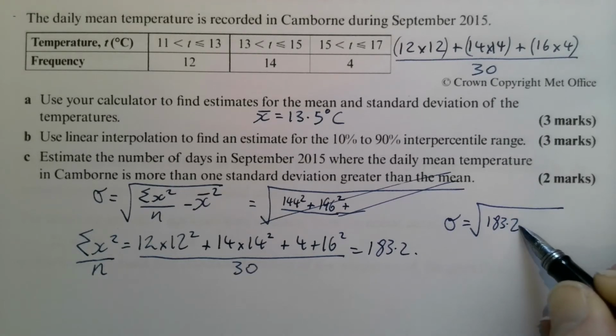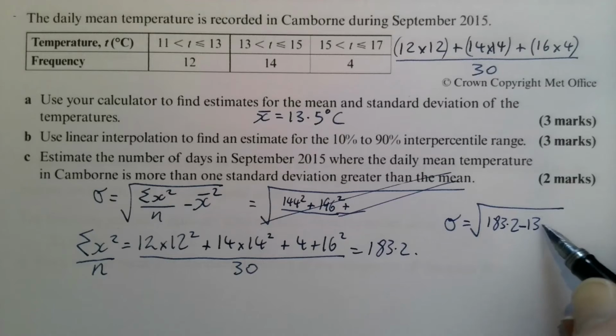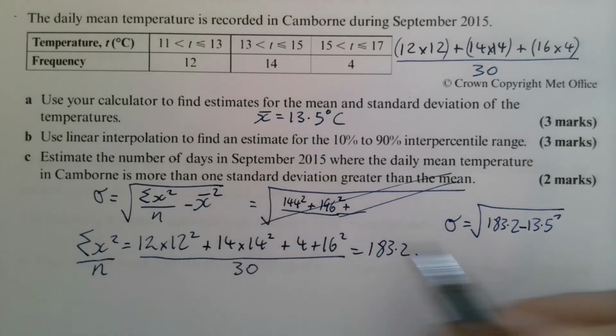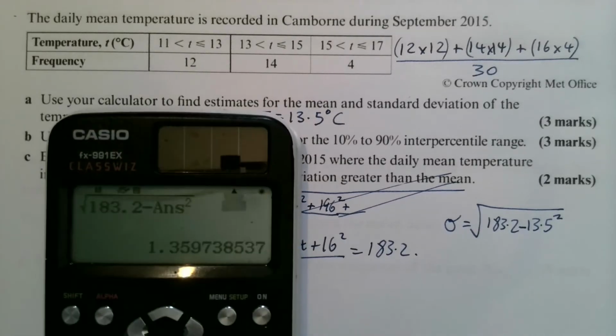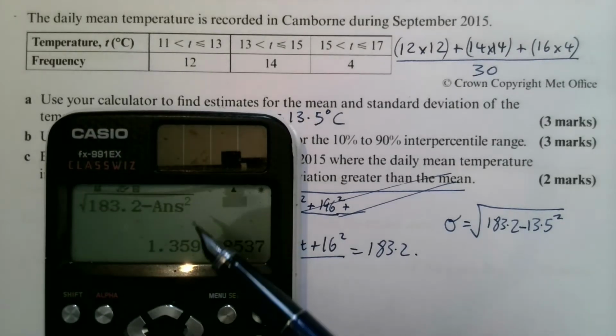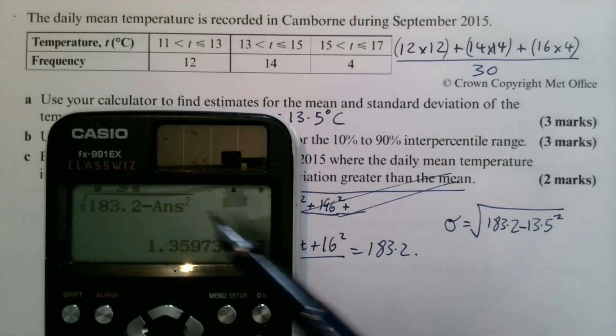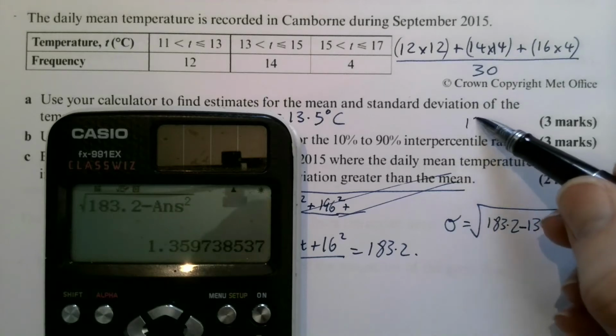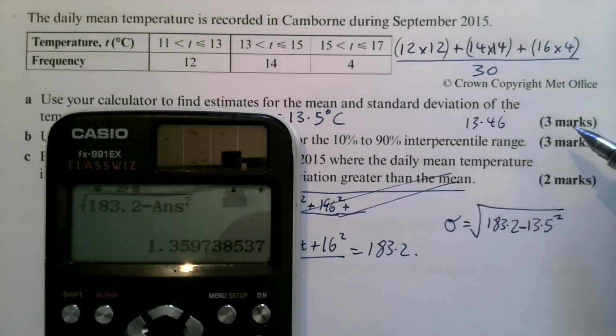So now the standard deviation is going to be the square root of 183.2 take 13.5 squared, because that was our mean. Only what I've done is I've used my answer from before, because remembering that 13.5 was a rounding of 13.46 recurring, something like that.